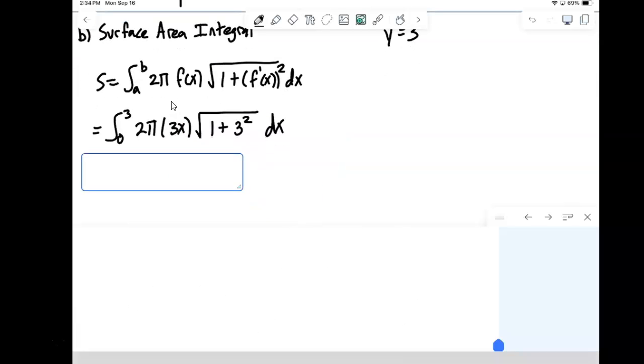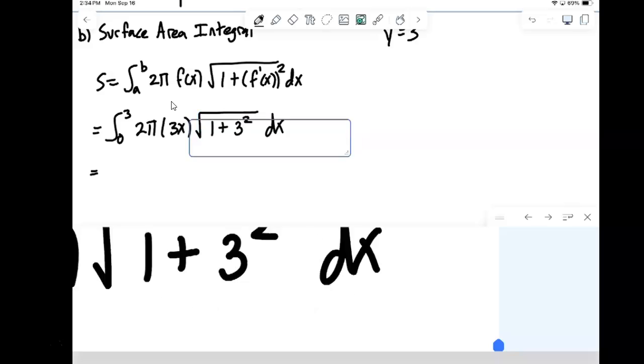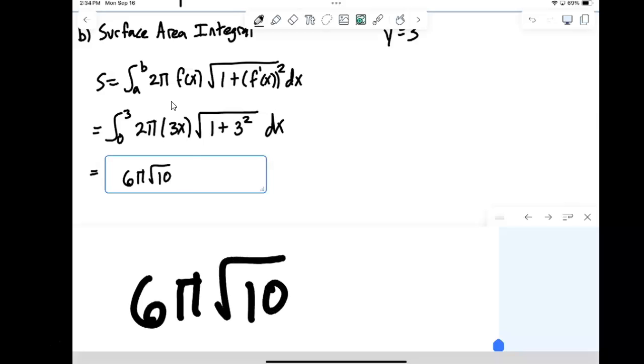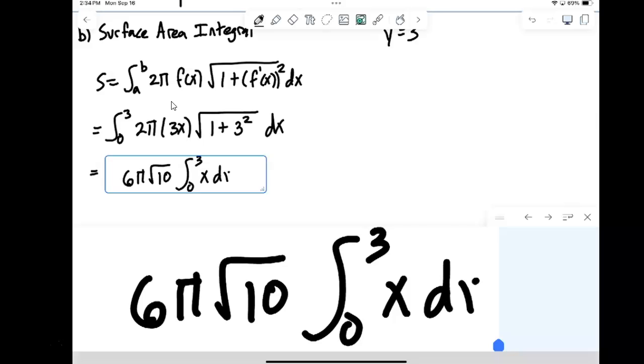Then we just start to simplify. We can put the 2 and the 3 together along with the pi and this square root of 10. All that can be brought outside. So 6 pi square root of 10 times the integral from 0 to 3 of x dx.